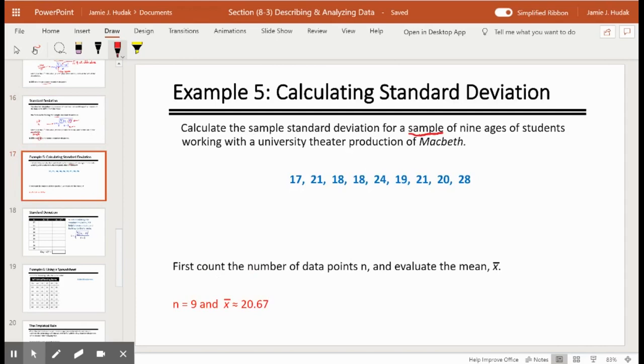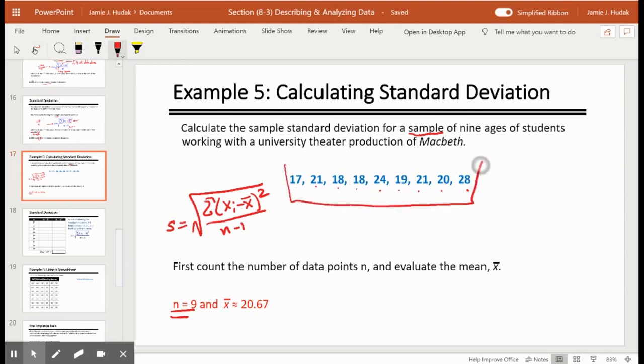So we start by writing our formula. And if we count the data points, 1, 2, 3, 4, 5, 6, 7, 8, 9, we have n equal to 9.